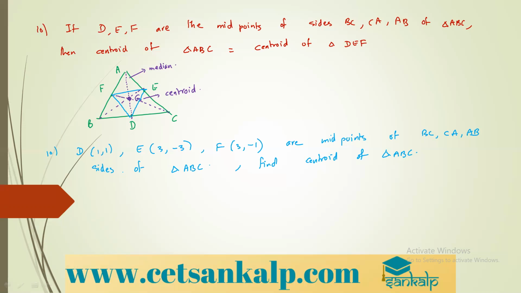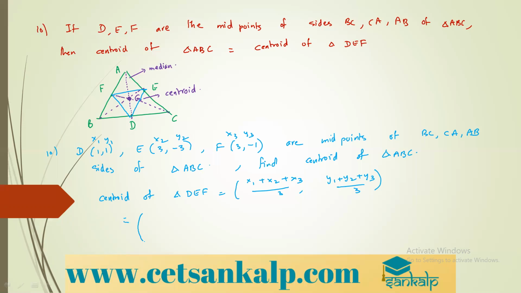So instead, we will find the centroid of triangle DEF. The centroid formula is (x1 plus x2 plus x3) by 3, (y1 plus y2 plus y3) by 3.